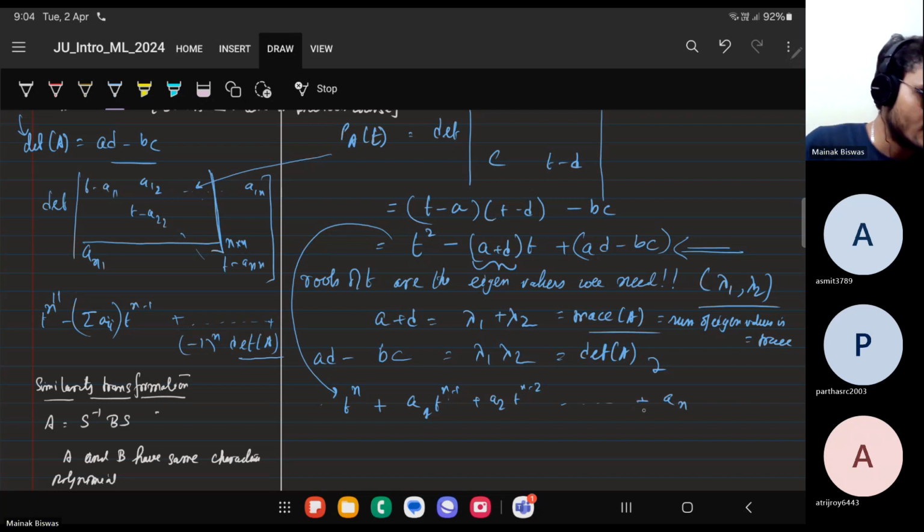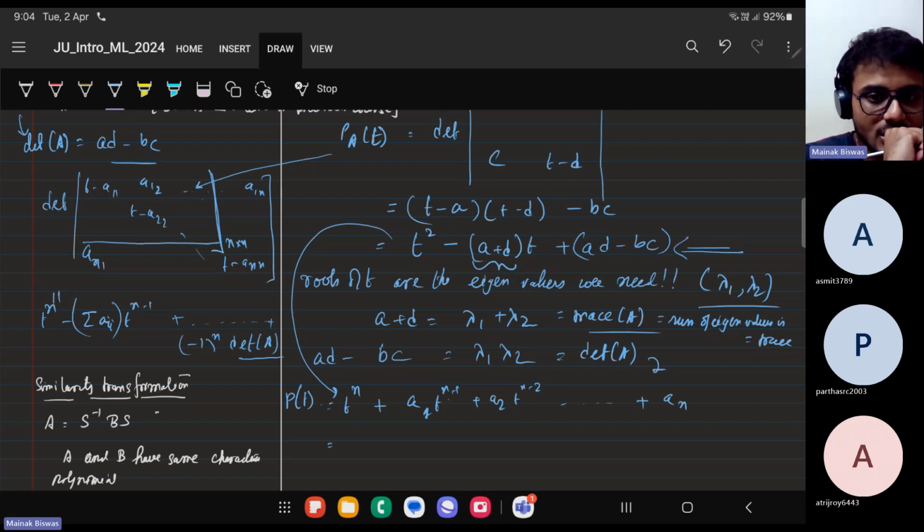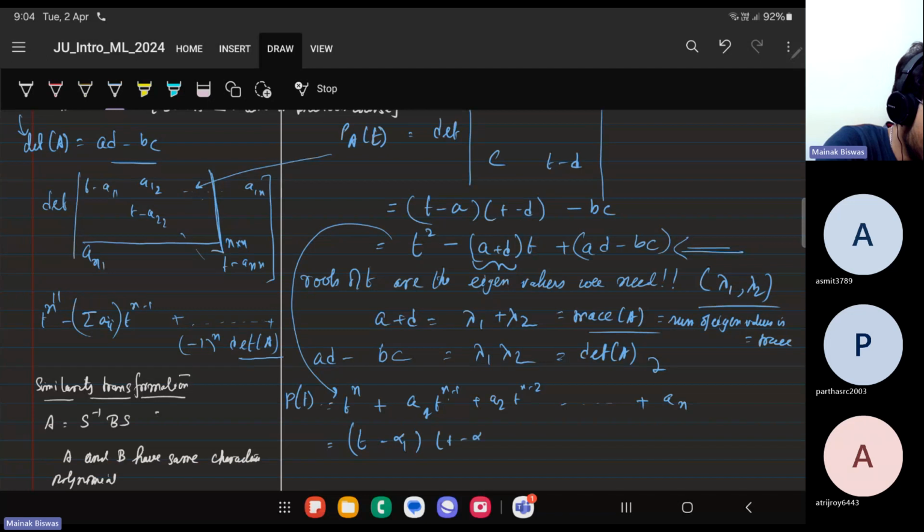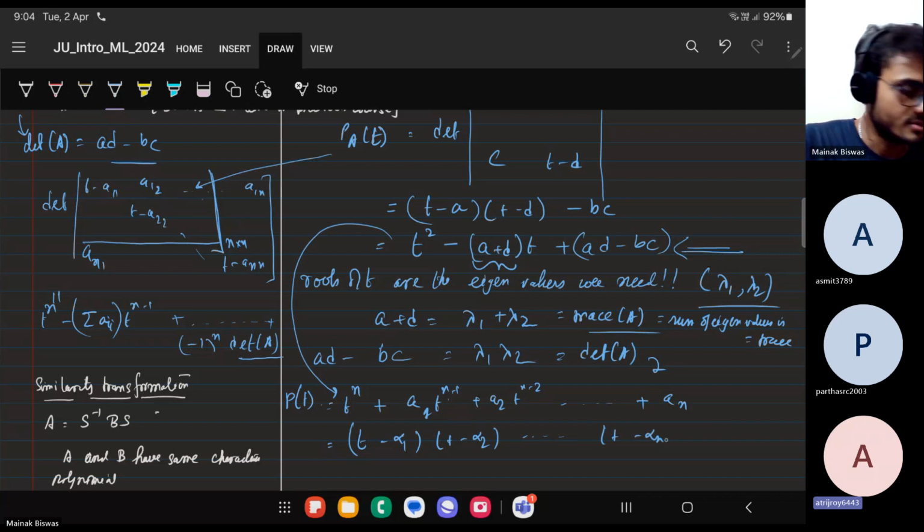If I have this polynomial p of t, what can I write this as? You need not give me the answer in terms of the a's given here. You can give me any generic answer. An order n polynomial means we have to factorize into roots. Yes, exactly. So I can write this as (t minus alpha 1)(t minus alpha 2) up to (t minus alpha n), right?